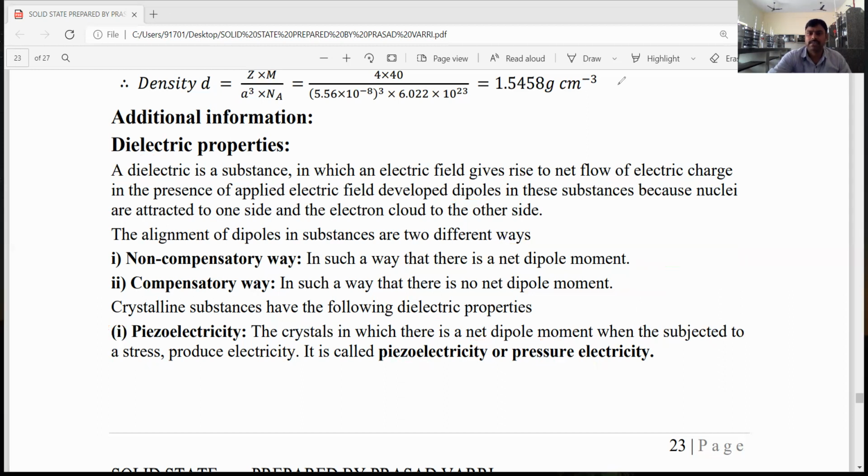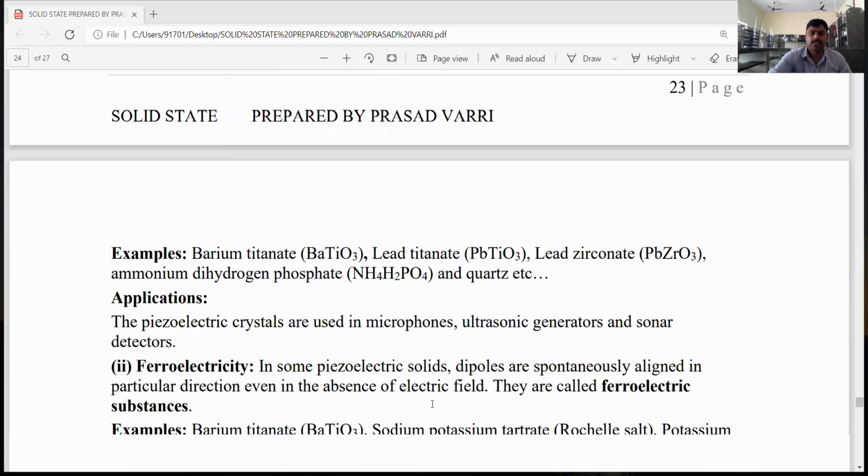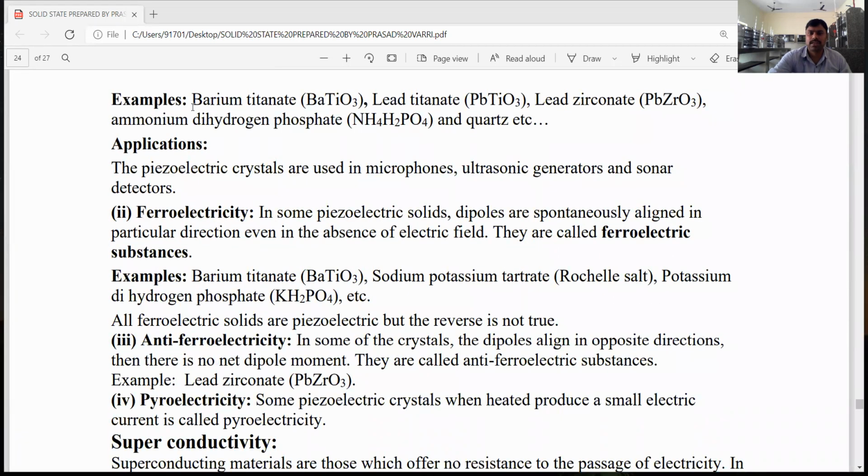Examples for piezoelectric substances, let's see, dear students. These examples are very, very important. Directly they are asking, among the following which is a piezoelectric substance. Examples: barium titanate, BaTiO3, lead titanate, PbTiO3, lead zirconate, PbZrO3, ammonium dihydrogen phosphate and quartz.